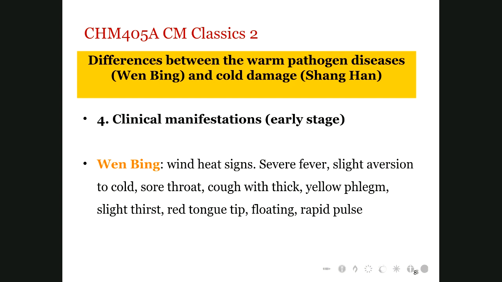On top of that, if it's still at the wei level, a floating pulse will coexist at the same time. So up to this stage, you could still call that a Taiyang division disorder, but aching pain is not dominant. Instead, they have highly elevated temperature and a rapid pulse on top of a floating pulse.